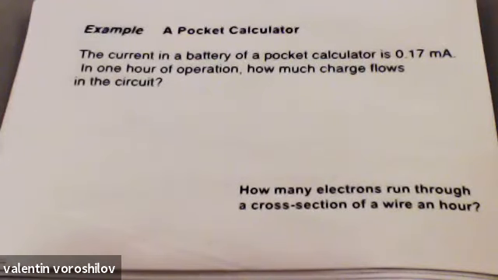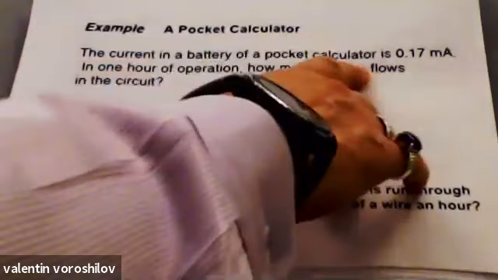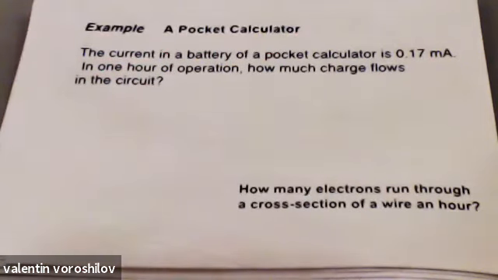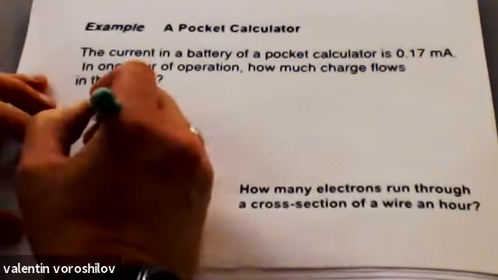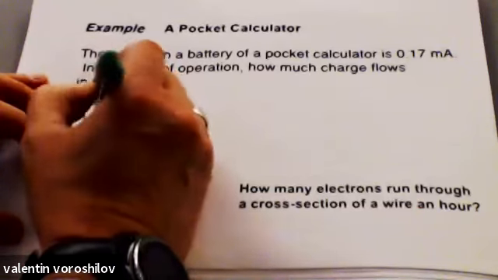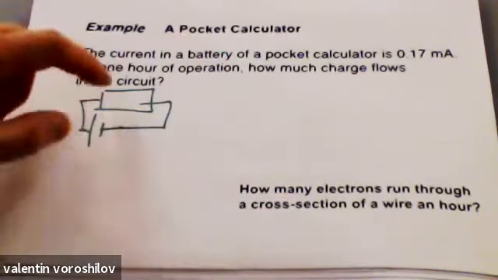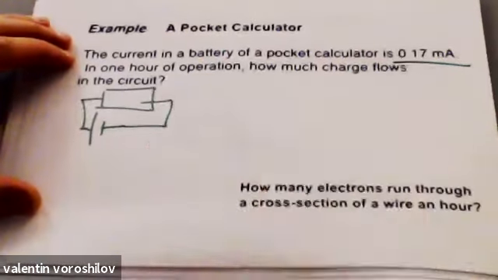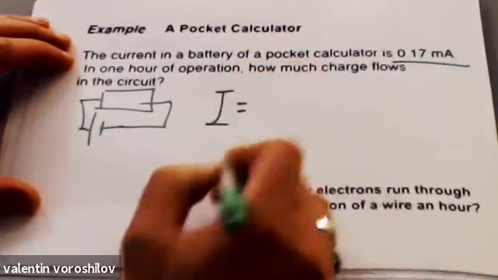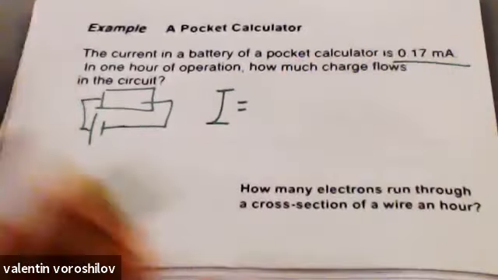Now we can solve a problem. We have a battery, and the battery may be attached to a calculator screen, display. There's electric current traveling, and this new variable I is given to us. What does it say, mA?